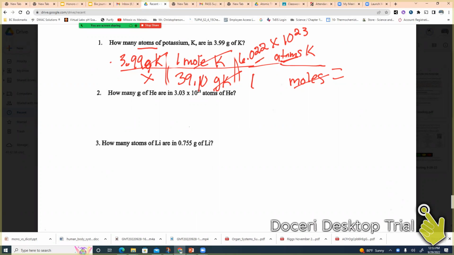And we have to worry about sig figs, and that had 3 sig figs. So my answer would be 6.15 times 10 to the 22nd atoms.